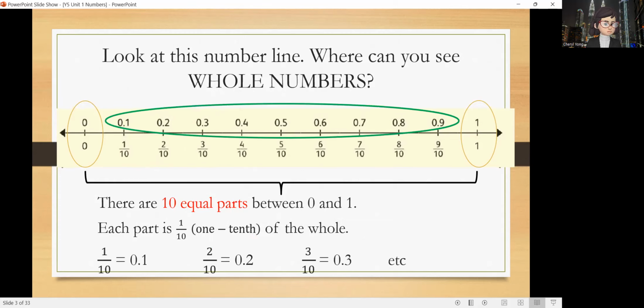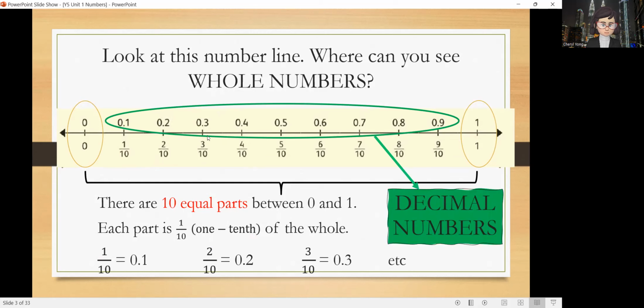Now, what are these numbers that I circle in green called? You are right, decimal numbers. In case you're wondering why 1/10 equals 0.1, it is because 1/10 is basically 1 divided by 10.